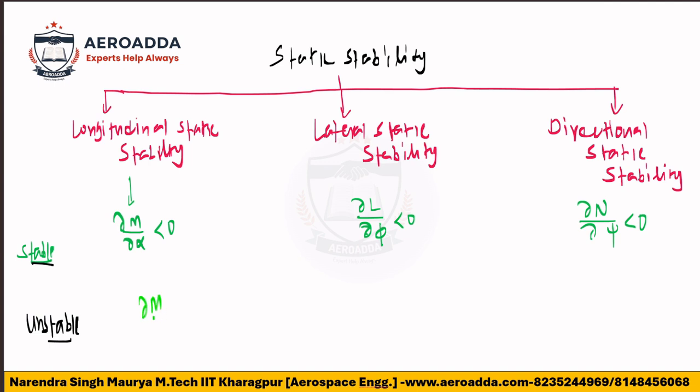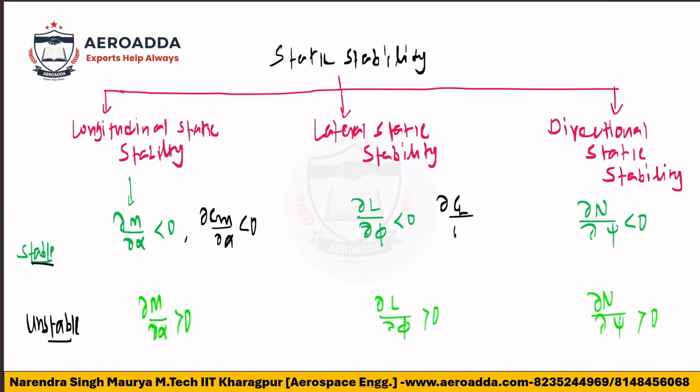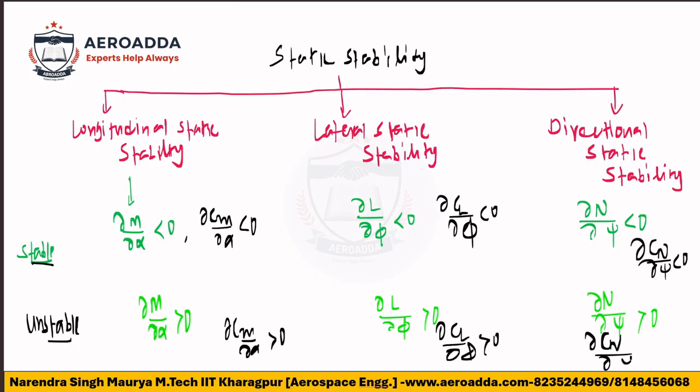This is nothing but ∂M/∂α, ∂L/∂φ, ∂N/∂ψ. That can also be written as ∂Cm/∂α less than 0, ∂Cl/∂φ less than 0, ∂Cn/∂ψ less than 0. You need to remember this.